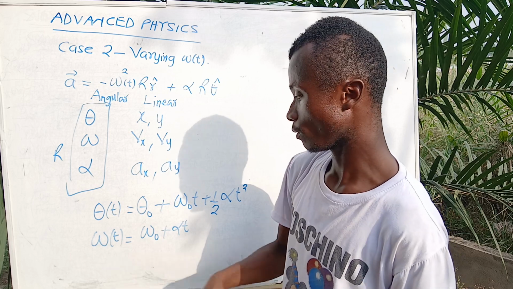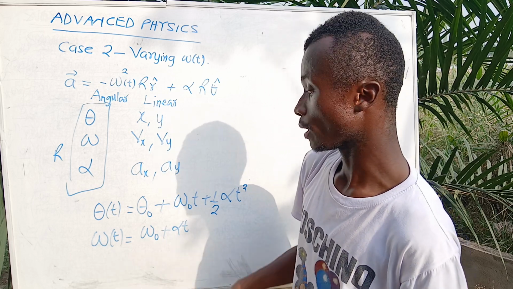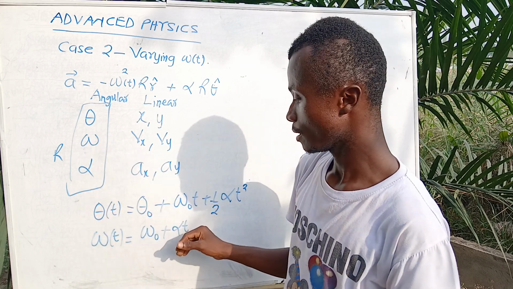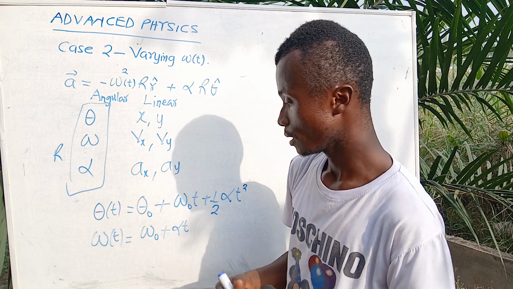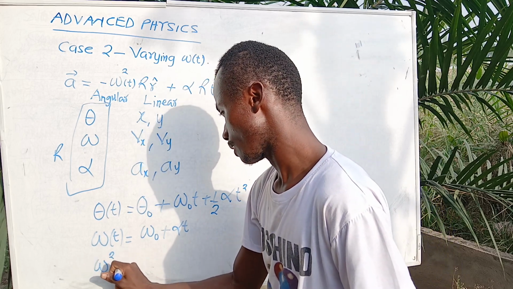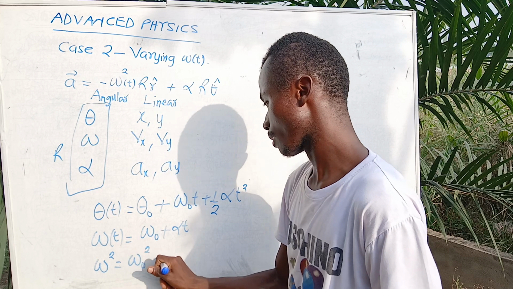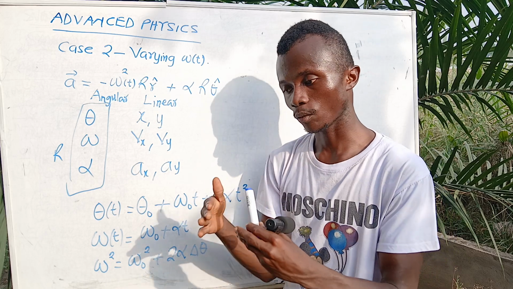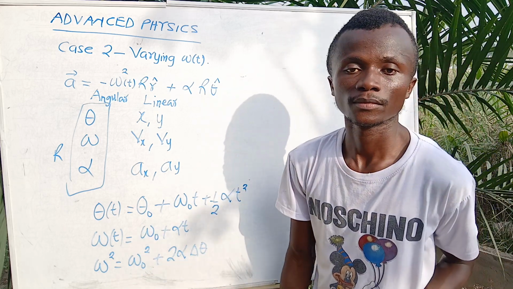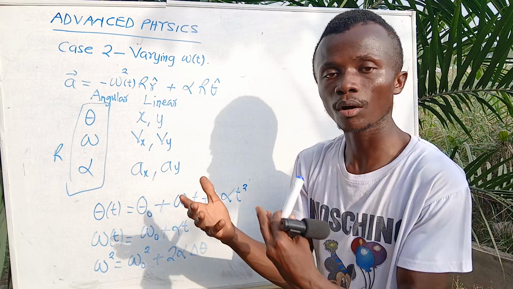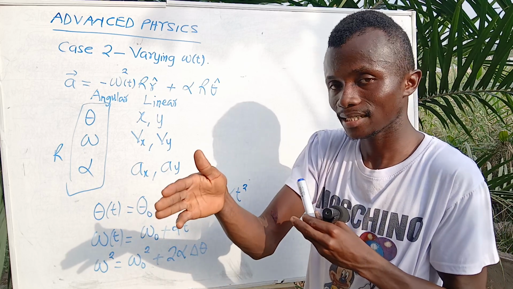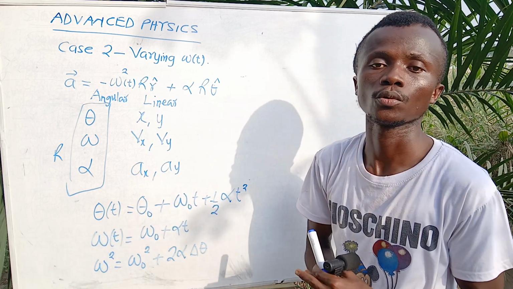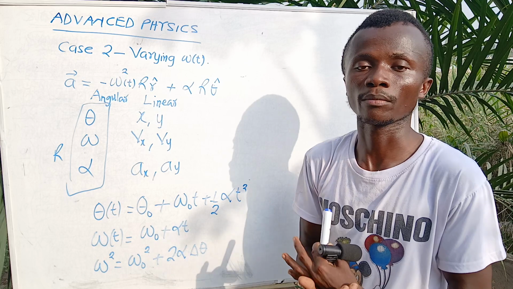The derivative of omega will give you only alpha, which is a constant. So these kinematic equations for angular parameters are established when alpha is a constant. The last equation is omega squared equals omega naught squared plus 2 alpha delta theta, where delta theta is angular displacement. These kinematic equations are not really actual motion. The actual motion is linear, the linear ones that we already know. But it is good we know the angular parameters too, so we can easily convert to linear parameters in circular motion.